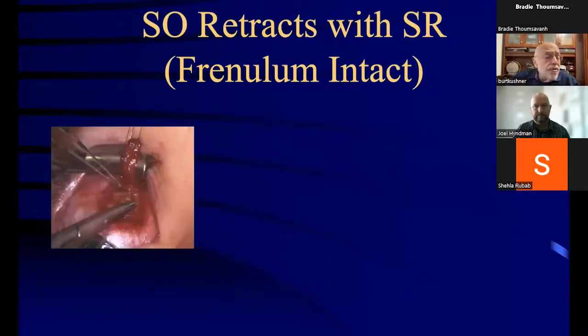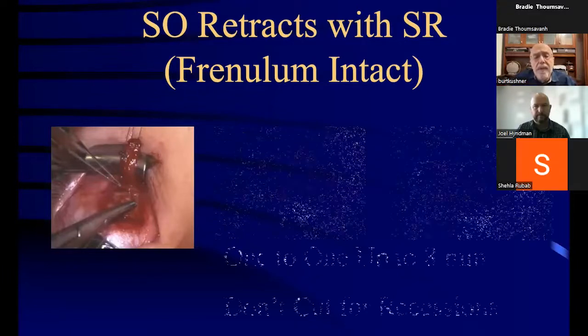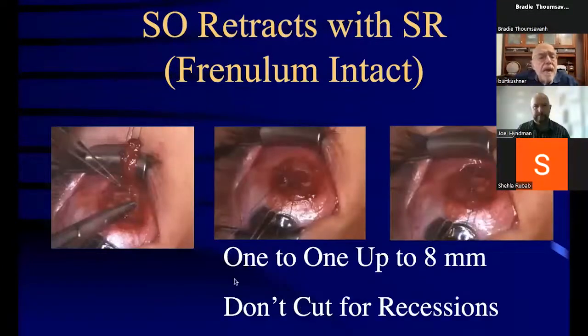So I was interested in seeing what happens to the frenulum as you recess or hang back the superior rectus. And I did a study where I detach, these are all patients that I was planning to do the surgery on the superior rectus, superior oblique anyway. Superior rectus is on sutures here.